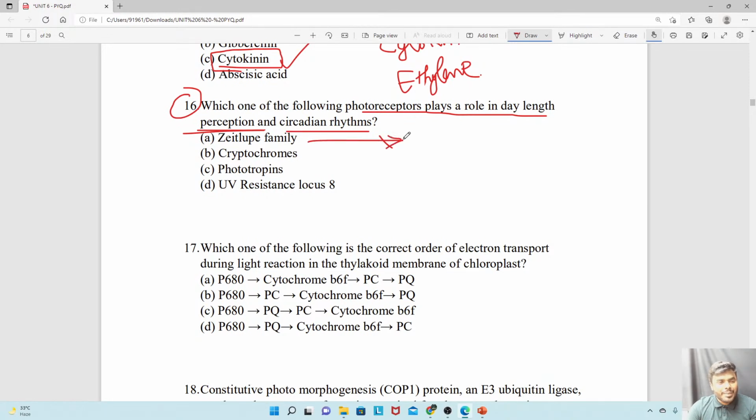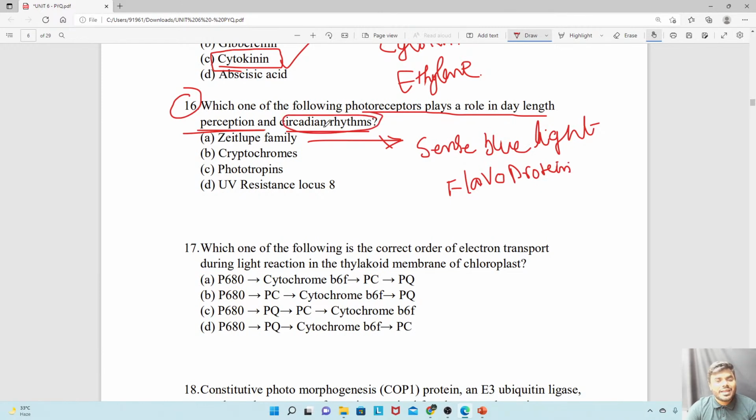Jet loop family is a type of protein which can sense blue light, a flavoprotein. Okay, no problem. Whoever got it wrong, remember the jet loop is a blue light sensitive flavoprotein which is involved in maintenance of the circadian rhythms in the plant body by maintaining the day length perception.